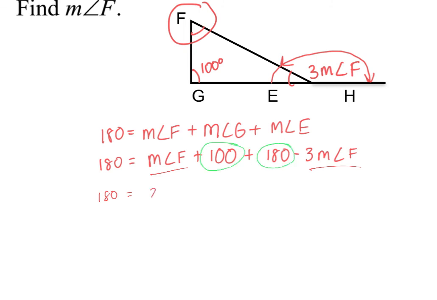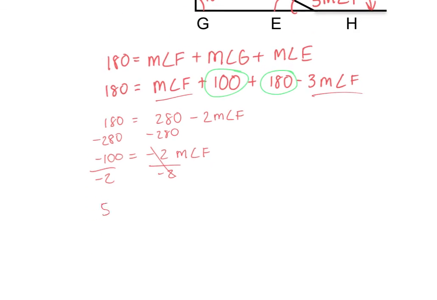This will give us 280 minus the measure of angle F, which is just 1 times the measure of angle F, minus 3 times the measure of angle F will give us minus 2 times the measure of angle F. We can subtract 280 from both sides, and we're going to get negative 100 equals negative 2 times the measure of angle F. We divide by negative 2, divide by negative 2. We are going to get 50 equals the measure of angle F.